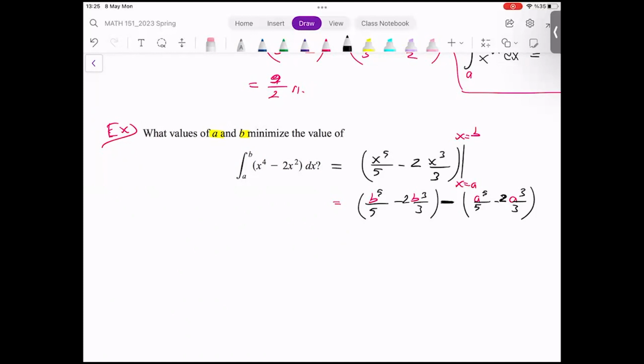What do we want to do? We want to find the values of a and b that will minimize this expression. How can you do that? Look at your expression, please. Can you optimize it in terms of the values a and b? The optimization is the content of last week.